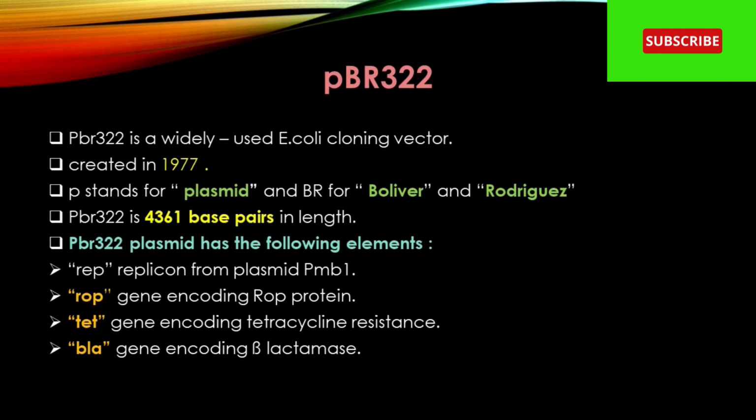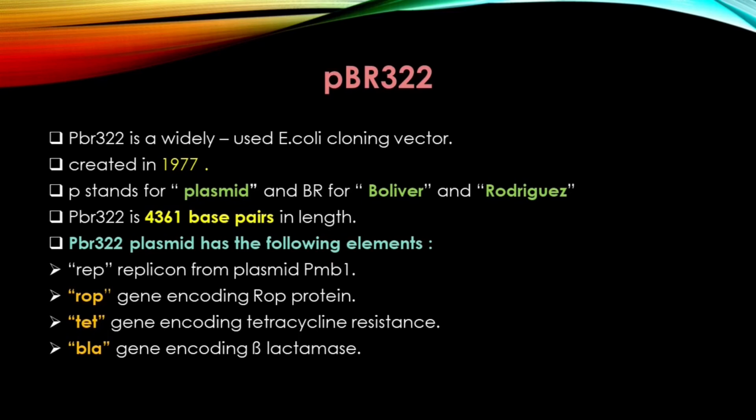The pBR322 plasmid has the following elements, such as the REP replicon from the plasmid pMB1, which is responsible for replication of the plasmid, and the next, the ROP gene encoding the ROP protein. And the ROP protein is associated with stability of the RNA1-RNA2 complex and also decreased copy number, and the source of the ROP gene is the pMB1 plasmid.